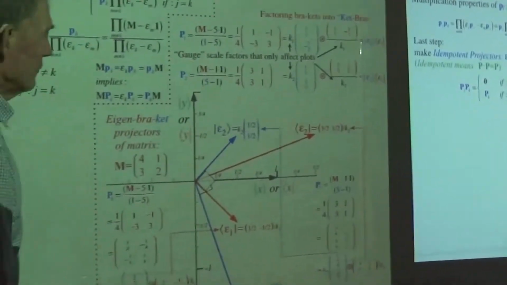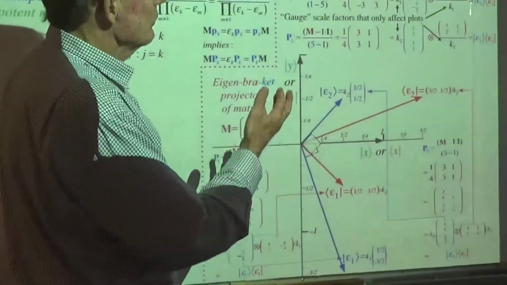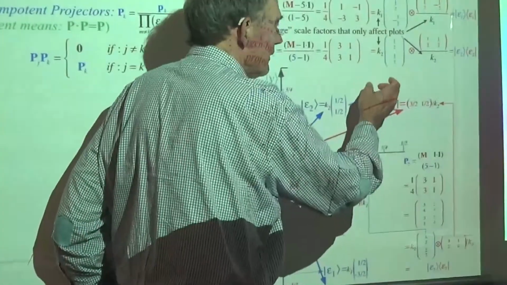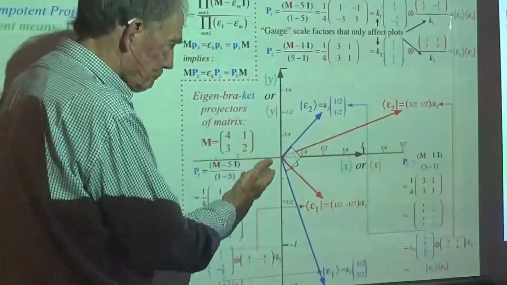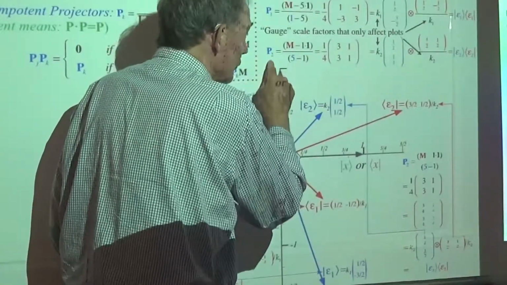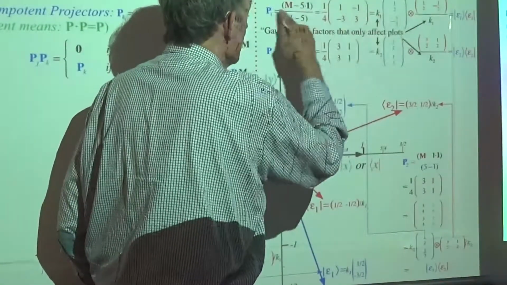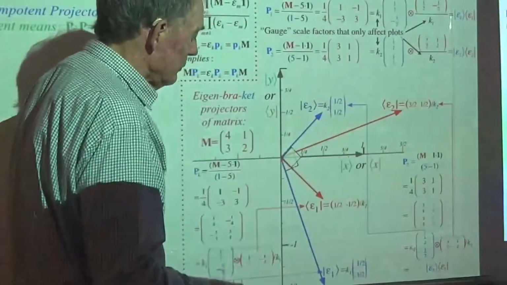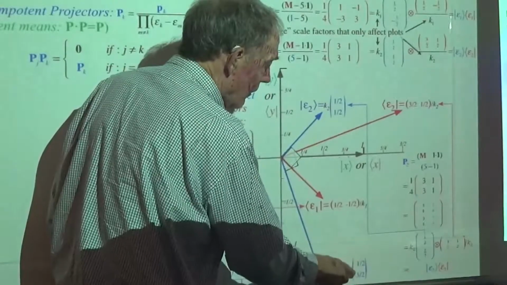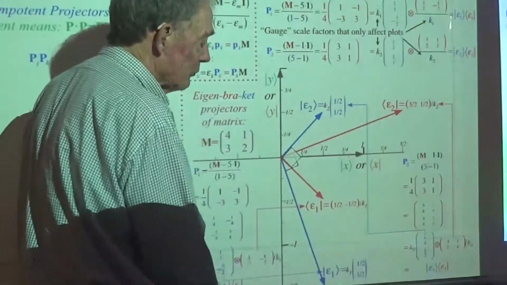What you get when you do this is you're pulling from this product here the ket that goes with 2, the ket that goes with 1, those are indicated in blue here. Here's the ket that goes with 1. Okay, it's 1 minus 3 times a 1/2.